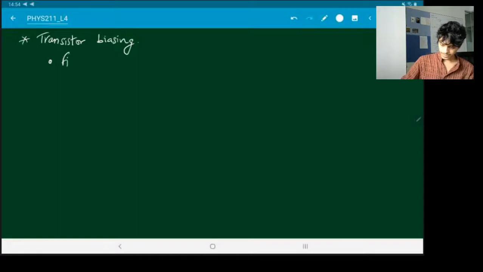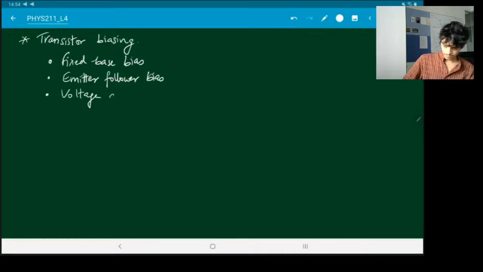So for example, there's something called the fixed base bias. There is an emitter follower bias. There is voltage divider bias.